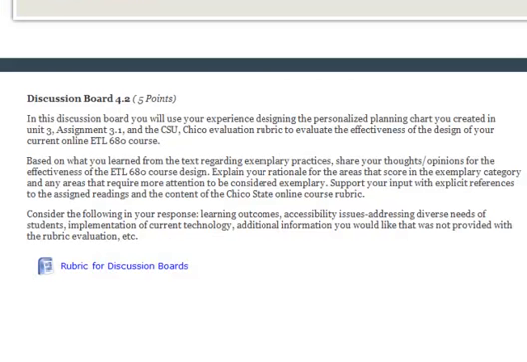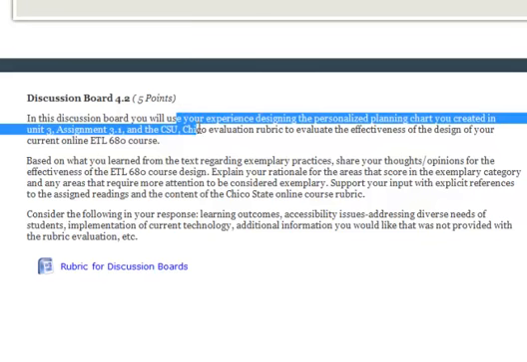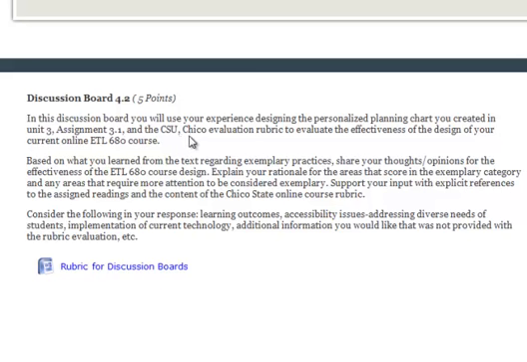And then moving on to the final assignment of the course, the discussion board 4.2, which is worth 5 points. In this discussion board, they use their experience designing the personal planning chart that they created in Unit 3 using the California State University Chico evaluation rubric.